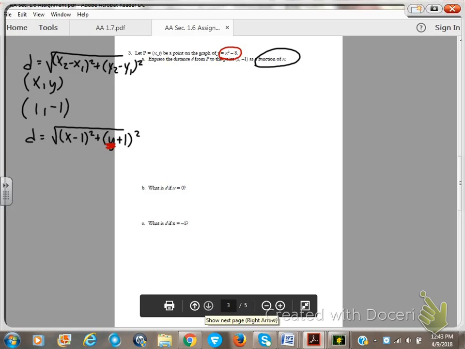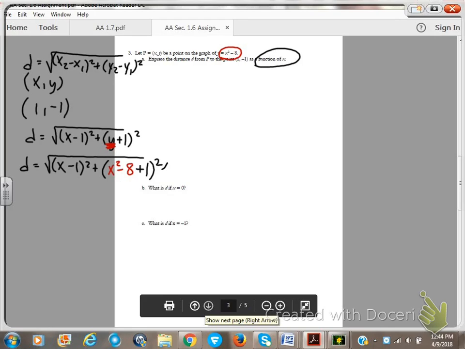So now our equation is going to look like d equals the square root of (x minus 1) squared plus, open parentheses, instead of y, we'll write down x squared minus 8, but you're still going to have that plus 1 in there as well, squared.